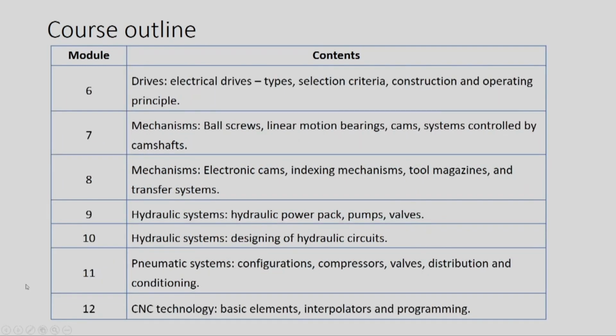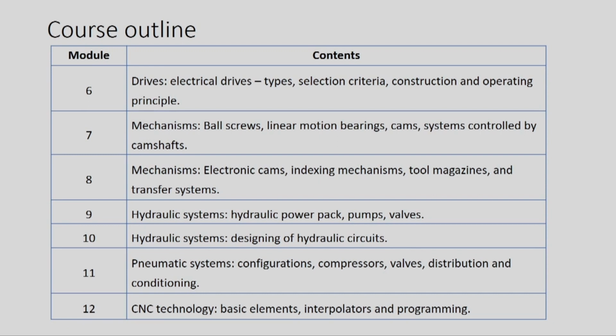In module 6, the drives which are used in a typical automated system will be studied. Initially, we will be studying the electrical drives, their selection criteria and construction will be studied at a primary level. However, the detailed analysis of electrical drives is out of scope of this course.